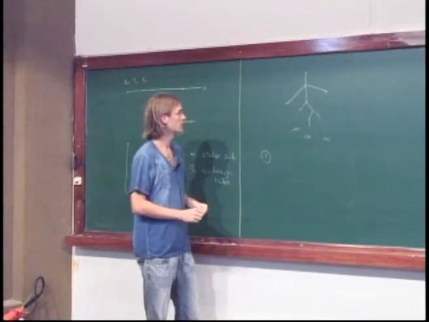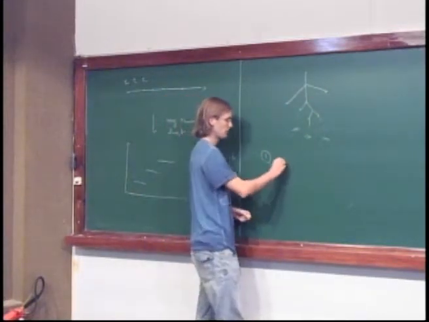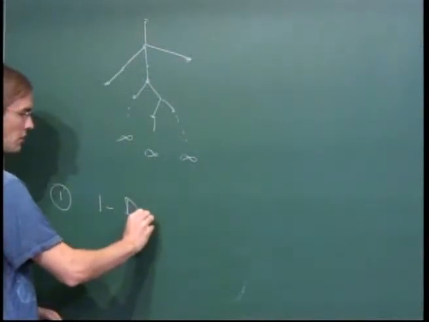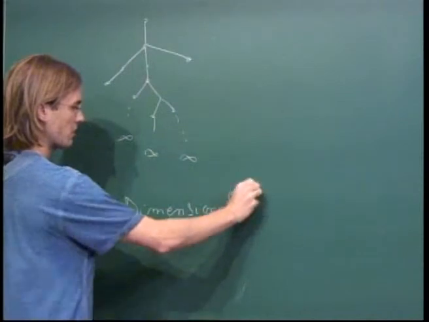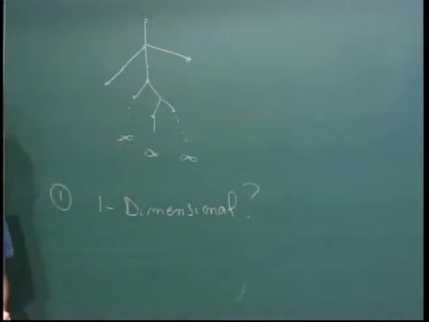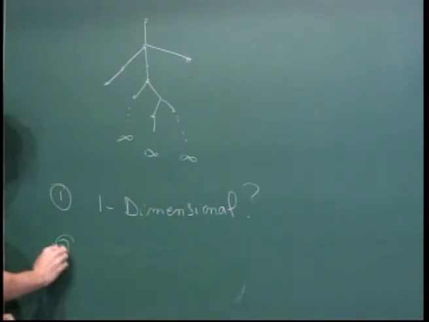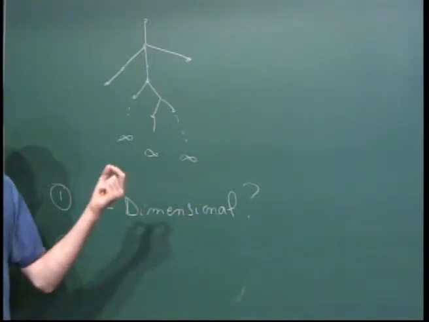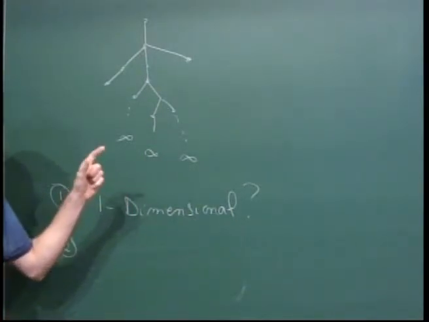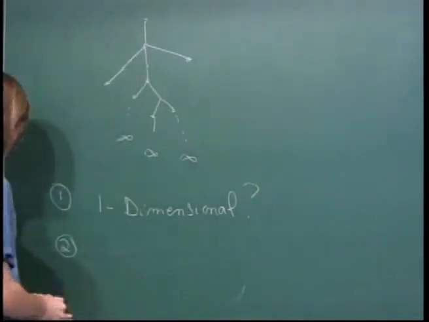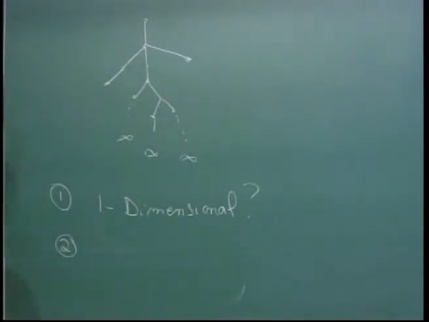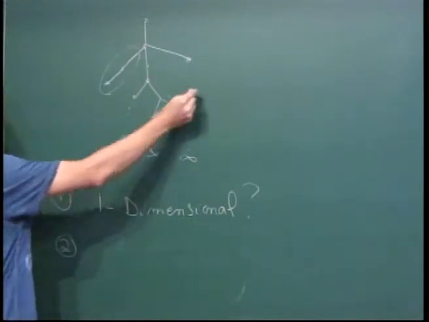So a first question is, well, this is a tree, and we're supposed to be one-dimensional. So one natural question is, where's the one-dimensional thing in this picture when we have an entire tree? Another question which comes up is that in the Bouchaud trap model, the waiting times, which are supposed to represent traps, are independent. And when you look here, for example, here we have a leaf which acts as a trap.